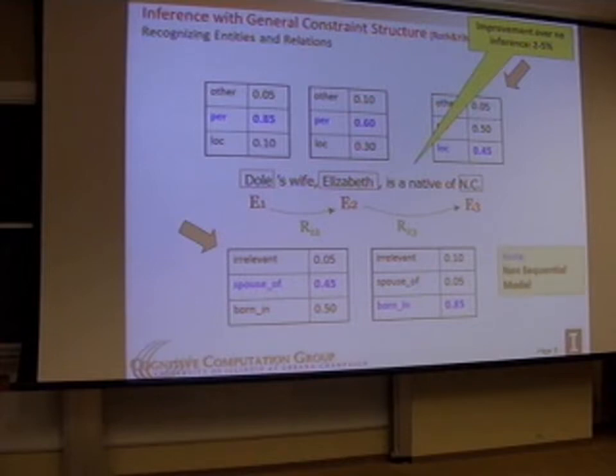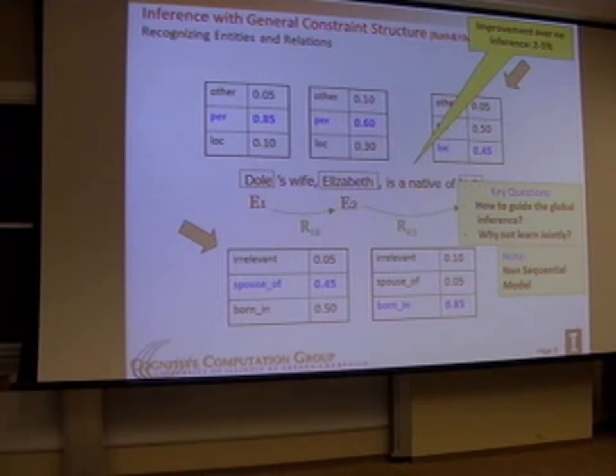One important note before we even come to questions is that this is a non-sequential model. This is a real graph that you have to make decisions on, and not just a sequence. But the key questions are, first of all, why don't you learn jointly? Why didn't you learn everything together? There could be multiple reasons.